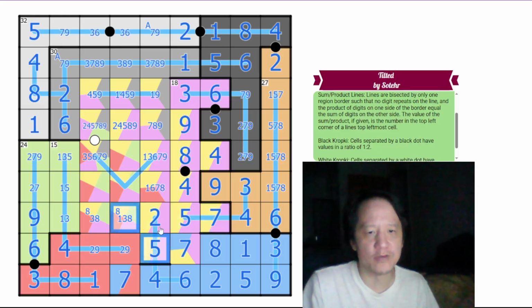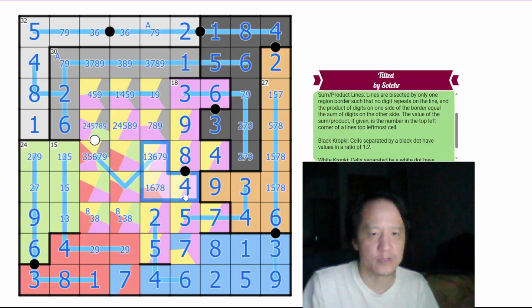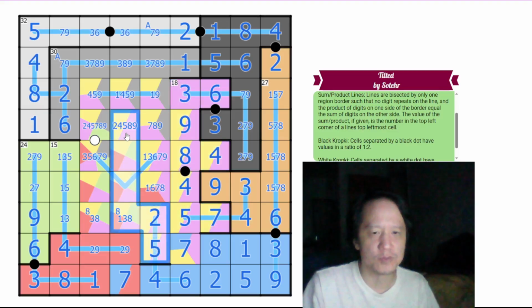Right? These two are obviously different regions because they both have a 5. These two are obviously separate regions because this must go out and it's a 4, and this has to go somewhere else. So this is part of this region. It has to go out here, but this region has to go this way, and this region must go this way.